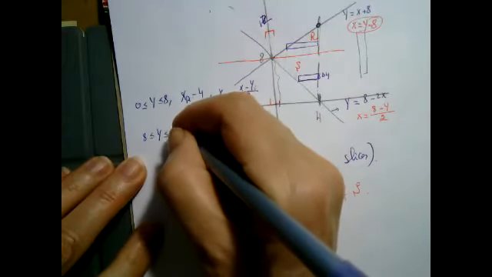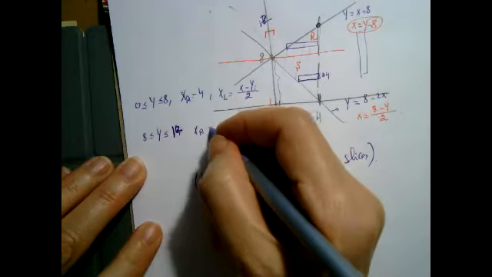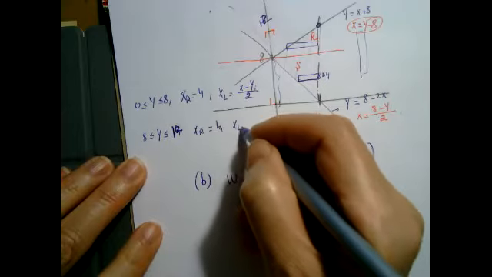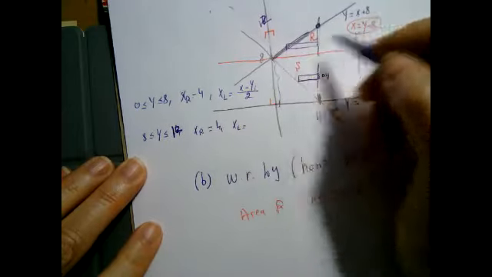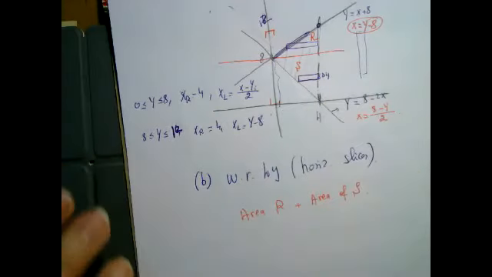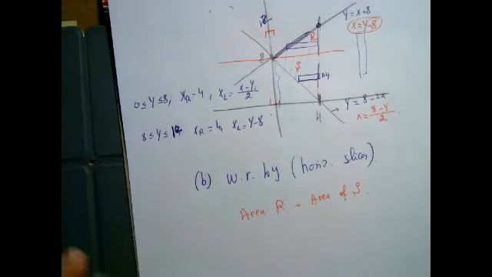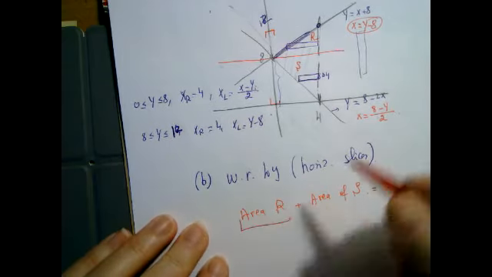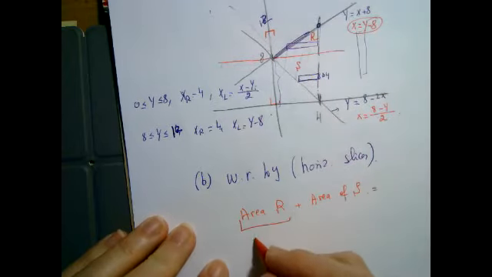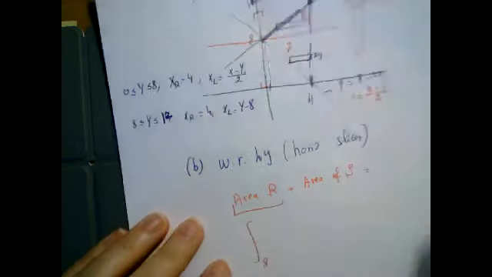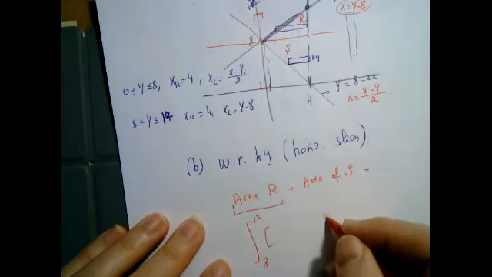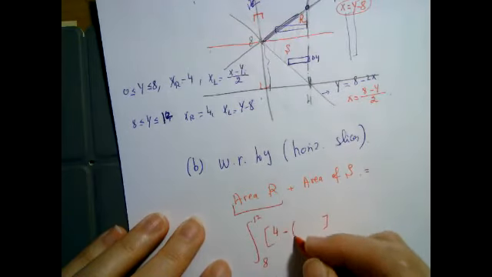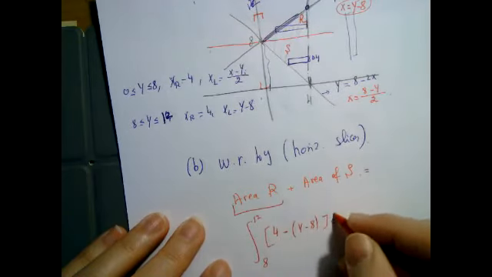Why did I put that? I don't know. Okay, because I want to hurry so I can answer all your questions. This is still 4. My left is this one here, which is y minus 8. Once I do the setup this way, I don't really have an issue. So for R, this region, that should be the integral from 8 all the way to 12 of the right, which is 4, minus the left, which is y minus 8, dy.